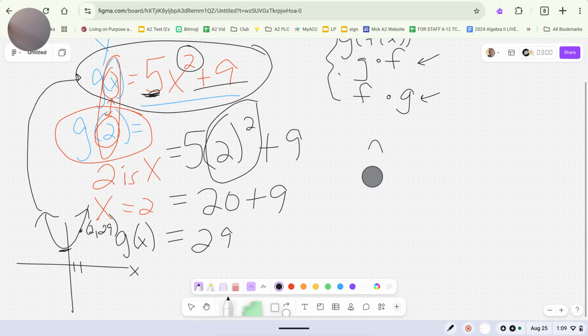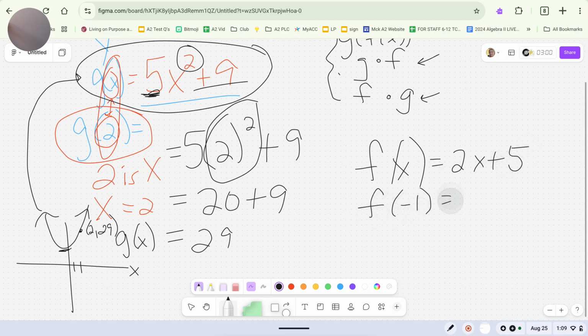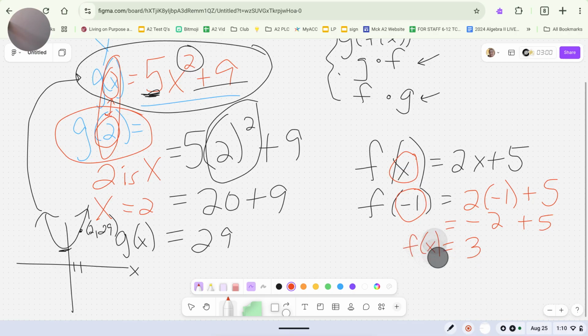So if I have another function, f of x equals 2x plus 5, okay, and I say f of negative 1. All this is telling me is, when x is negative 1, I'm going to plug it in and see what my y would be, so I could plot that point. This would be negative 2 plus 5, which equals 3. So I know that the line on the graph, at negative 1, has a y value of 3.